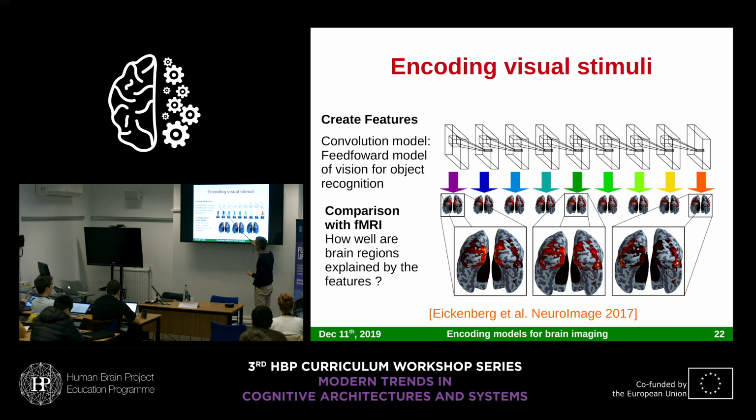For each layer, you then try to see whether it can explain the activity in each brain location using the R-square statistics. So for each layer of the convnet, you obtain an activation image that tells you how well each brain location is explained by the representation generated by layer 1, layer 2, etc., till layer 10, for instance, if there are 10 layers.